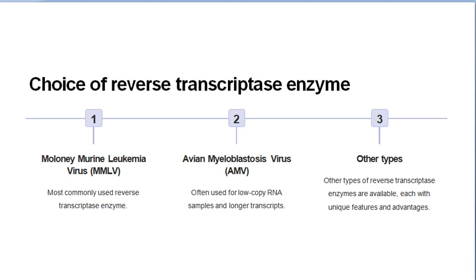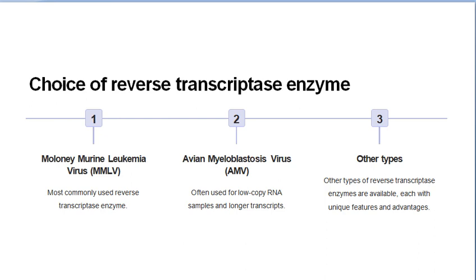Secondly, we have the avian myoblastosis virus. This is used when we have a very long strand of RNA sequence and we do not want a lot of copies. We want very few copies, but we need the entire sequence to be reverse transcribed into cDNA.